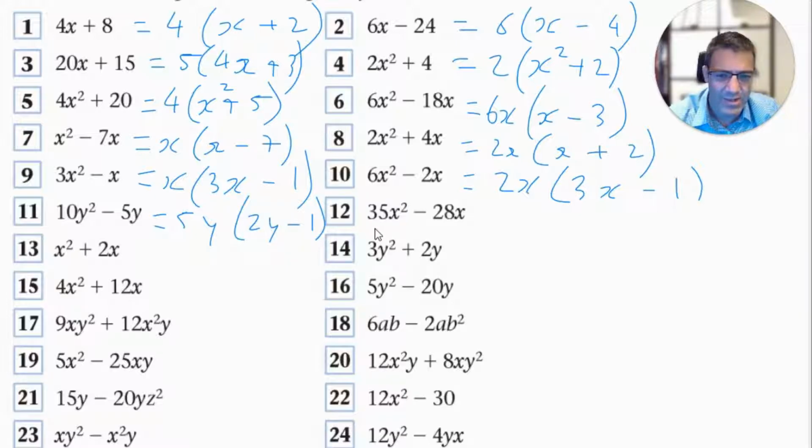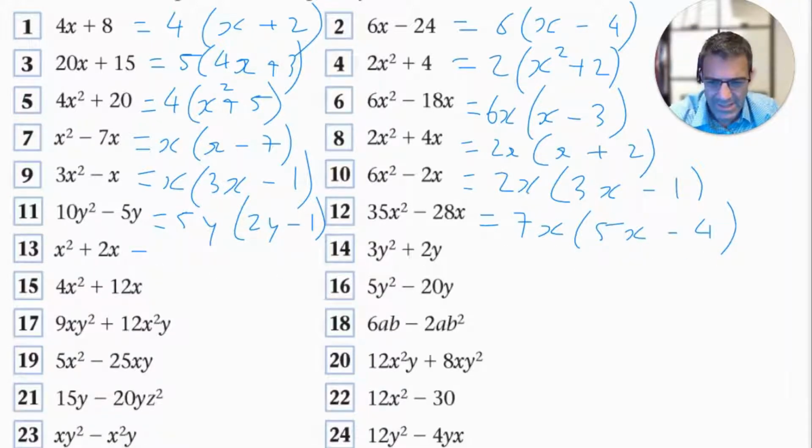And then this one, 35x squared minus 28x. I noticed that 35 and 28 have common factor 7, so if I take out 7x, I can say that's 7x times 5 minus 4. So far so good.